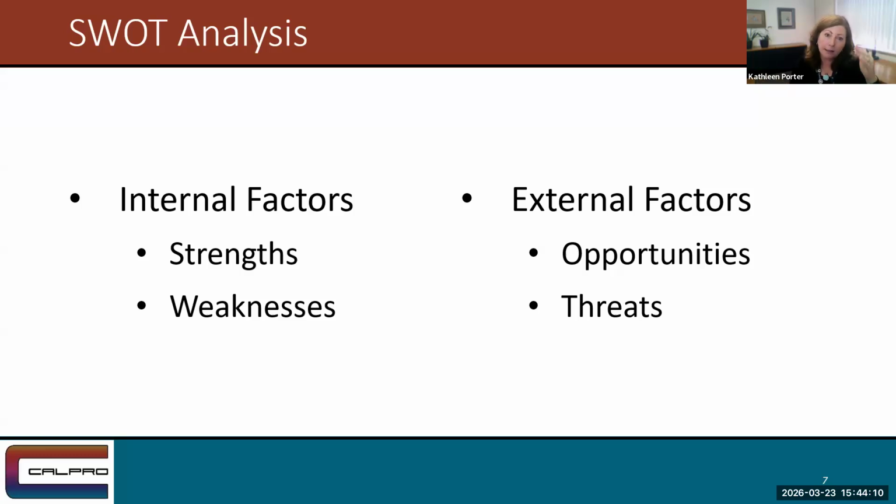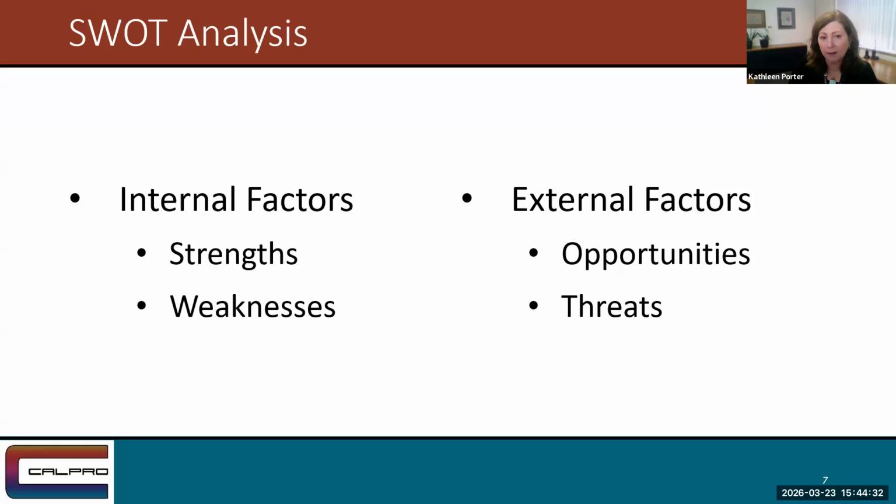And then you're going to think about favorable or unfavorable things. So the SWOT acronym is strengths, weaknesses, opportunities, and threats.